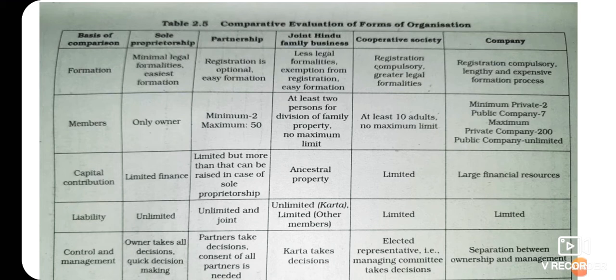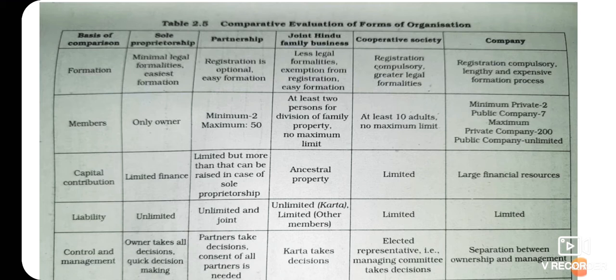Formation: sole proprietorship, minimum legal formalities, easiest formation. Partnership, registration is optional, easy formation. Joint Hindu family business, less legal formalities, exemption from registration. Cooperative society, registration compulsory, greater legal formalities.